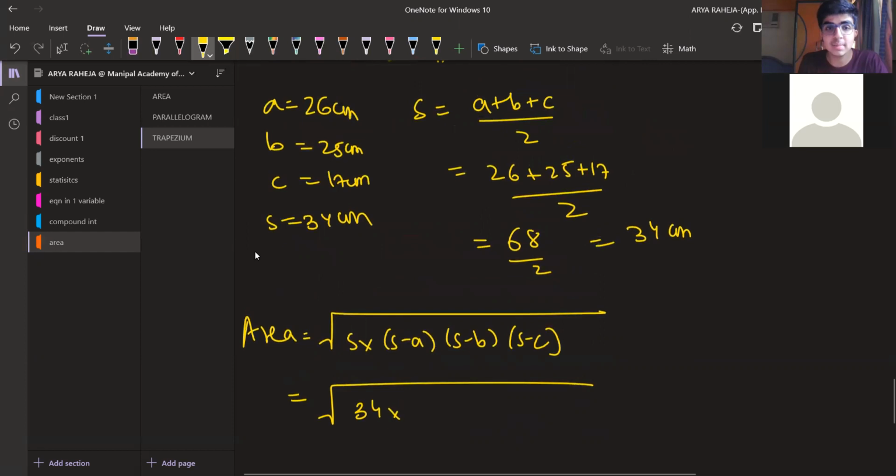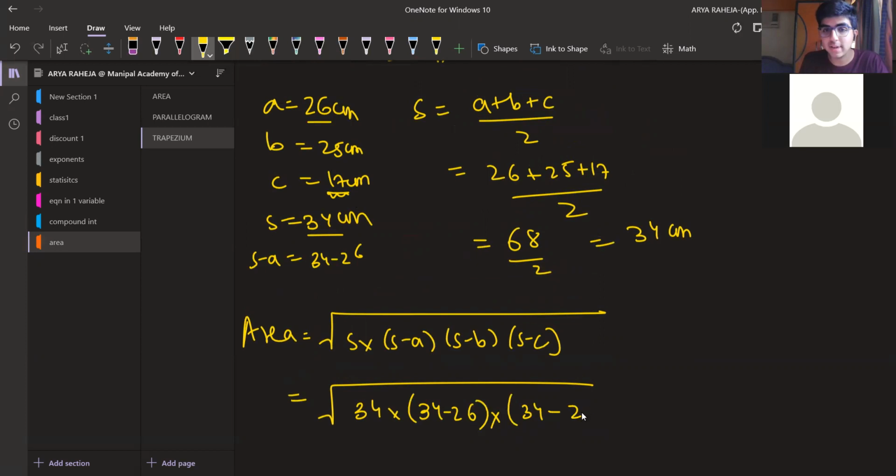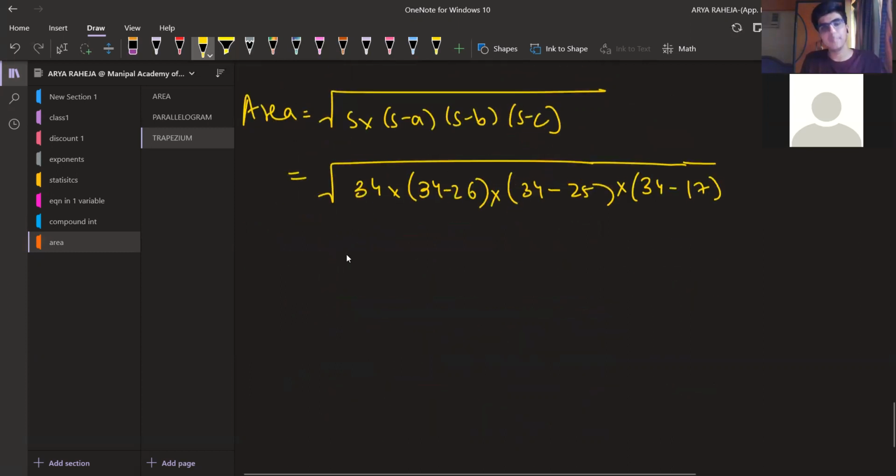S minus a means 34 minus, a क्या है? 26. So 34 minus 26. So let's write this 34 minus 26 into now S minus b. S is 34 minus b is 25 and S minus c, 34 minus c, c is 17. ओके, तो ये हो गया अभी हमारा जो आगे का.